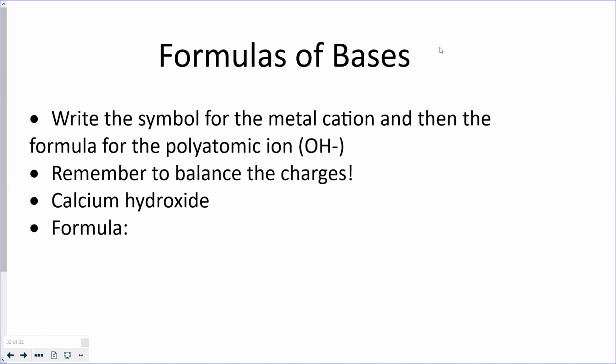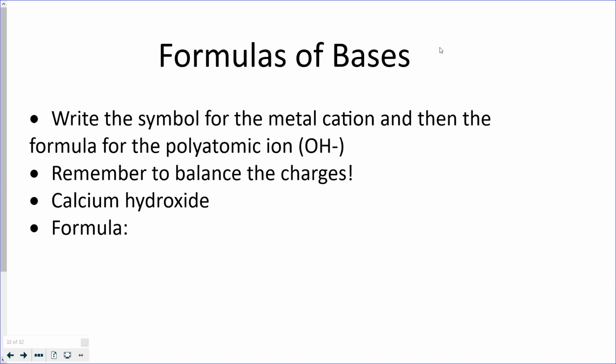All right, and writing formulas of bases, we're going to do just like every other ionic compound we did last week as well. So we're going to write the symbol for the metal cation with its charge, then the formula for the polyatomic ion hydroxide, which is OH negative, and then crisscross and balance out our charges.